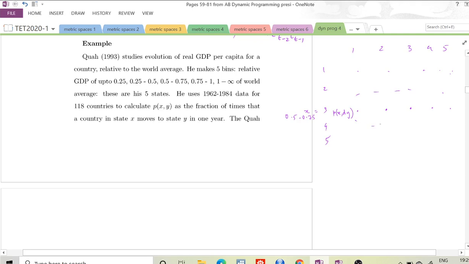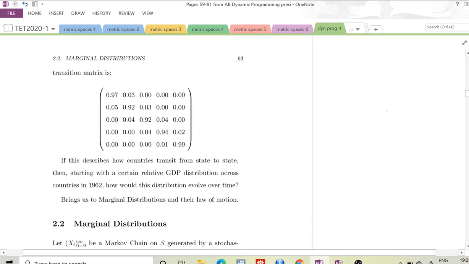He'll have all these probability numbers. Right? So that's the transition matrix. It turns out to be this. These are estimates of exactly what. You can read the paper, although that's really not necessary here, right?